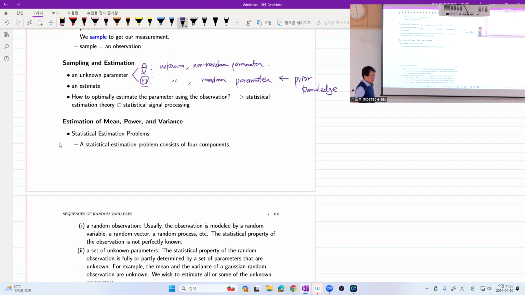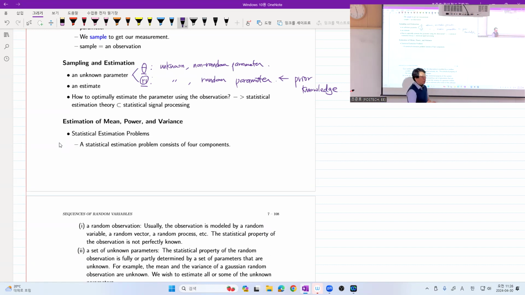For example, if I ask you a question like how many coins are in my pocket, you may say 0 these days because nobody carries coins, but suppose 20 years ago, I ask you, your seniors or even your father, how many coins are in my pocket? And you have no idea. In that case, the number of coins is what? An unknown, non-random parameter.